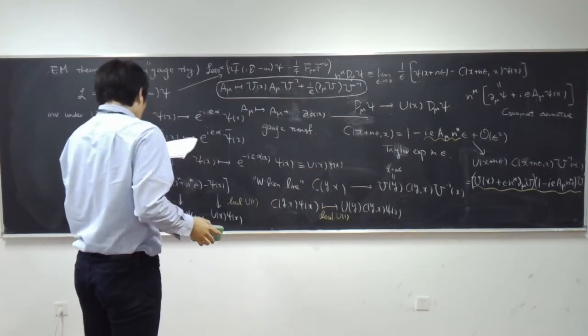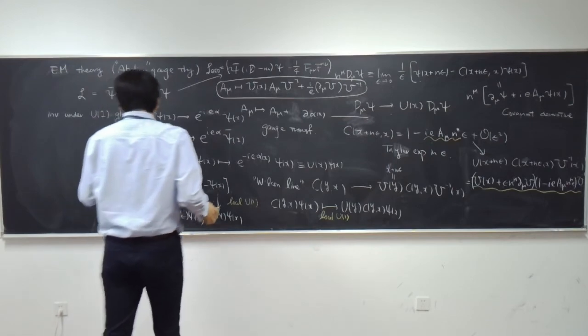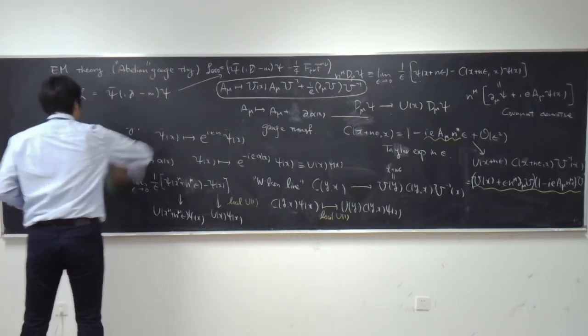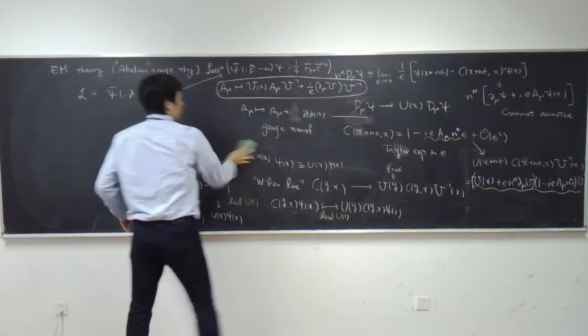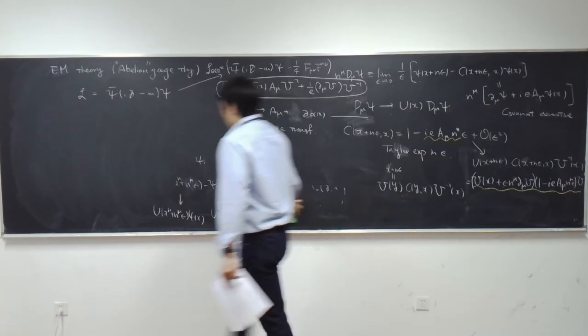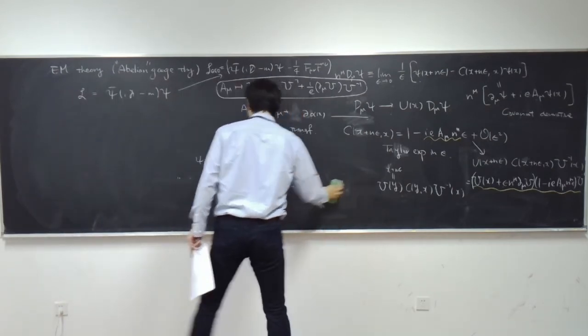And furthermore, let me erase here. So just rewrite everything of electromagnetic theory in the language of abelian gauge theory.